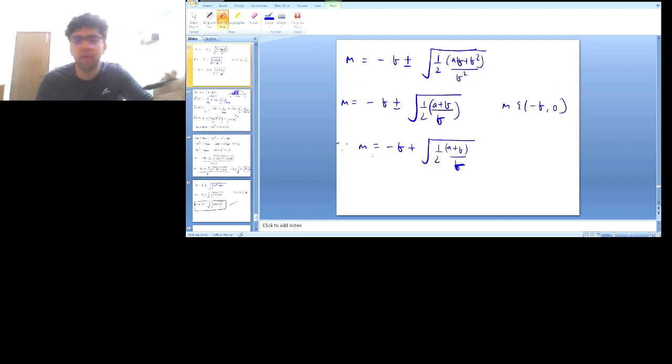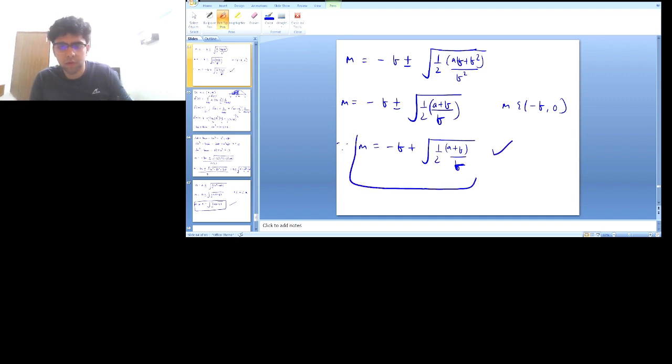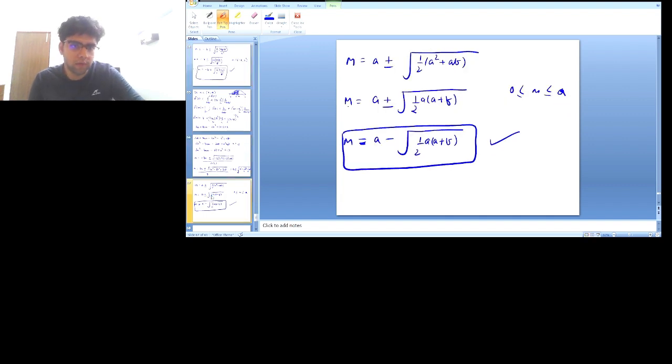If they would have given us some specific values of a and b, then we could have substituted them and checked which one is the correct median, right? So I calculated both of these values, this and this. Yeah, so they have only written this solution here, right?